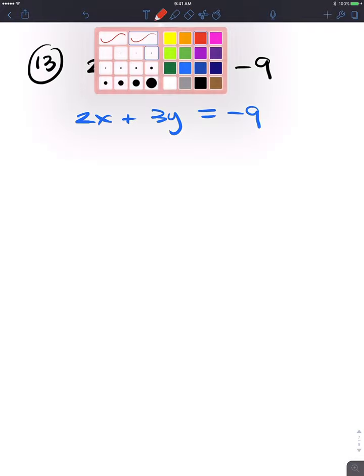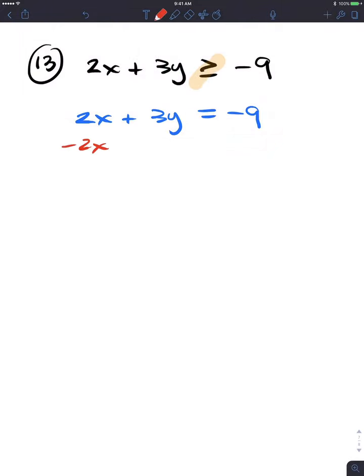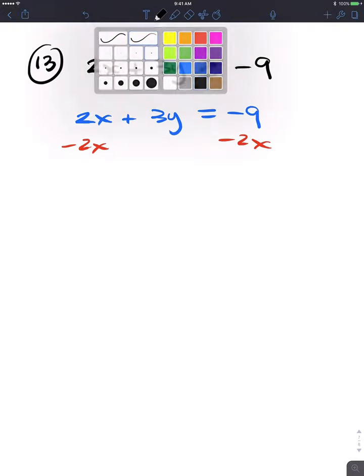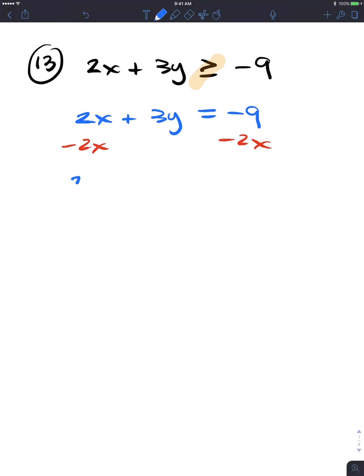Solving for y, we subtract 2x from both sides. We end up with 3y equal to negative 2x minus 9.